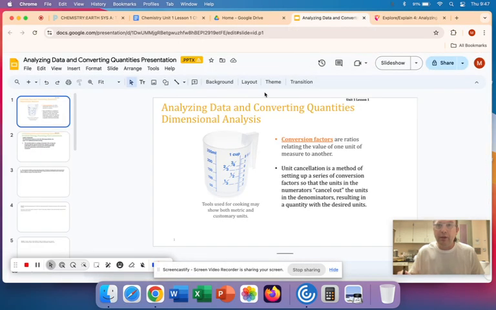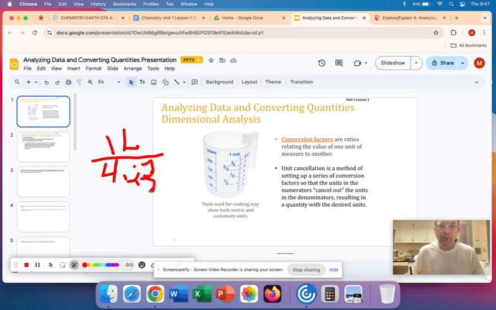So if I set that up as a ratio, I would put 1 unit in the numerator position and 1 unit in the denominator position. So these units can cancel.